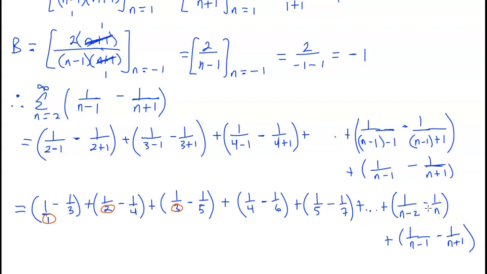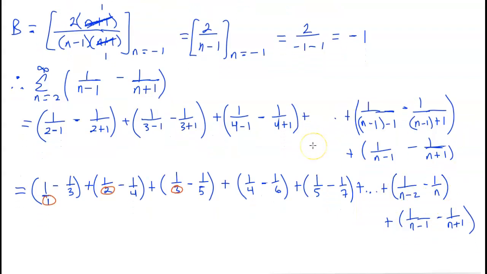Again, our goal here is to get a pattern, see what's going on, and then express what we're looking at as a sequence of partial sums, all in terms of n.